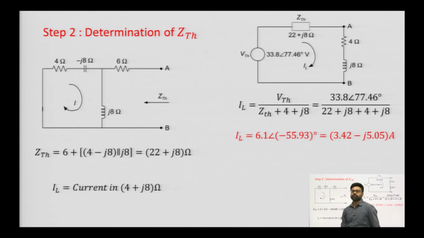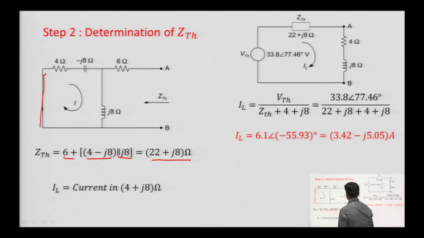Again, to find out ZTH, we have short circuited the voltage sources. We will get the value as 6 plus j4 minus j8, that is 4 minus j8 in parallel with j8, and we have added 6. After solving this, we will get 22 plus j8 ohm as the value of ZTH.